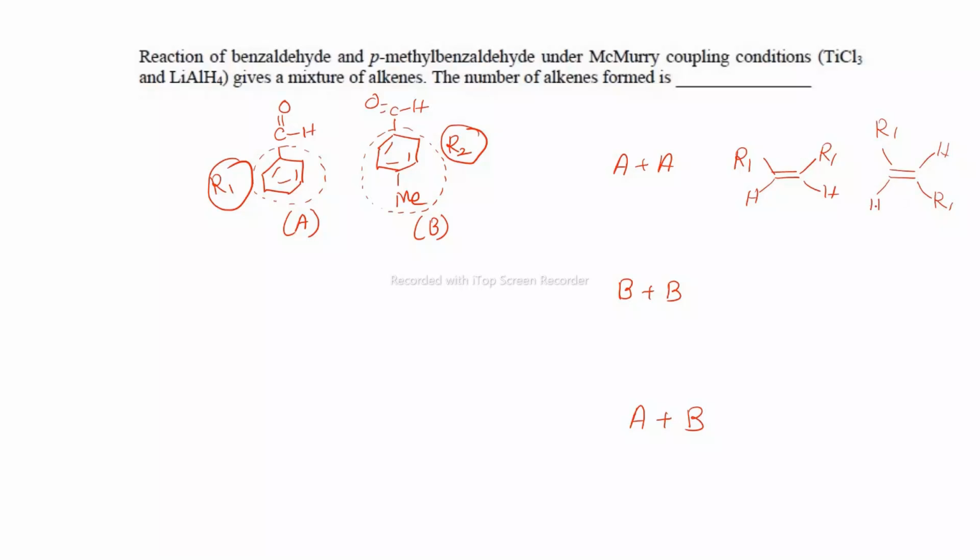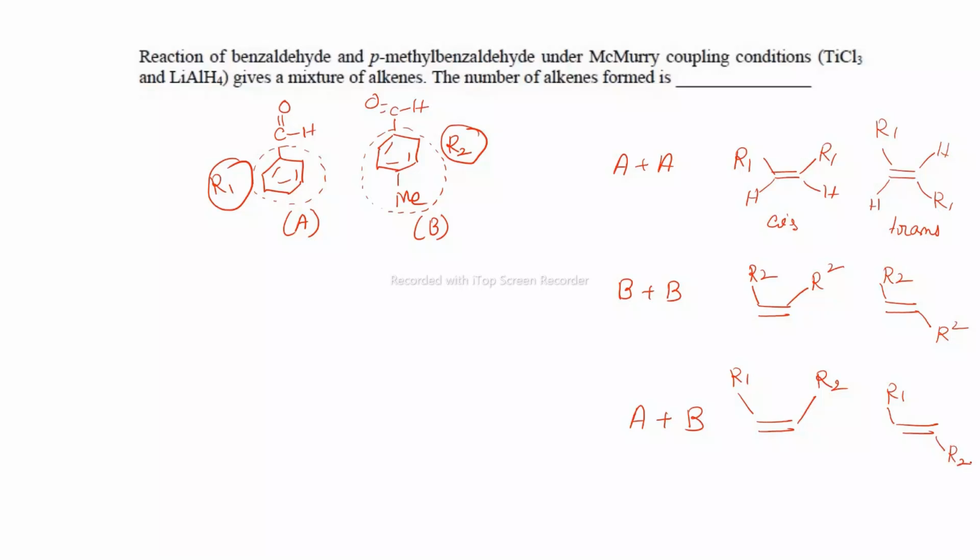That means two diastereomers are possible, one is cis and another is trans. Similarly, in the case of B and B there can also be cis and trans. Again, in the case of A and B, both groups can be Z, I mean cis, or they can be trans.